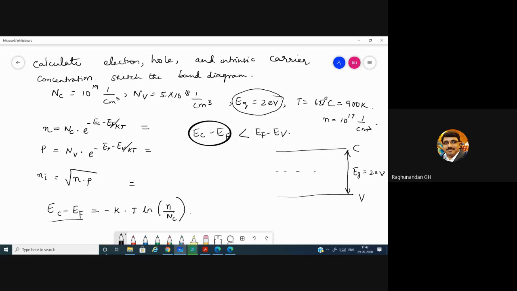So now find out EC minus EF by using this formula. Everything is given, it is substitution only: KT ln of N by NC. If you know EC minus EF, we can easily find out EF minus EV.